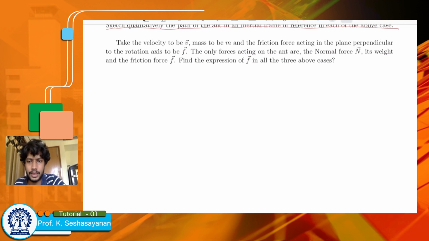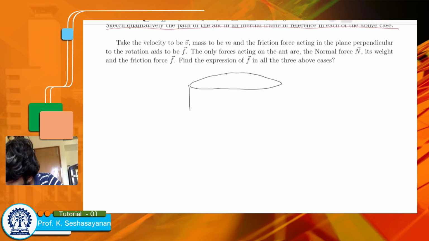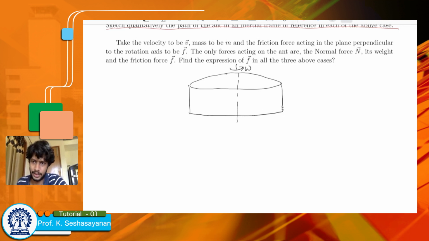So let's start with the description. So we have the rotating drum with the flour, and we are supposed to take the top surface to be flat. So this is rotating with rotation rate omega, which is given, and on the top surface we have the point O, which passes through the axis of rotation, and there's this point A at which the ant is situated.